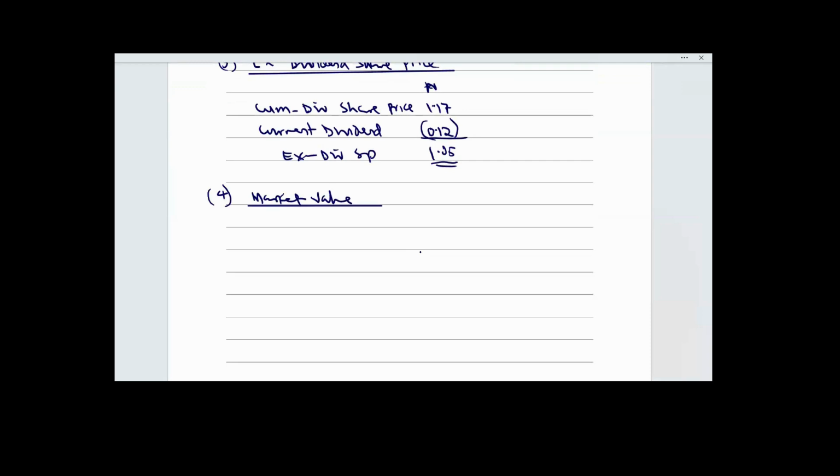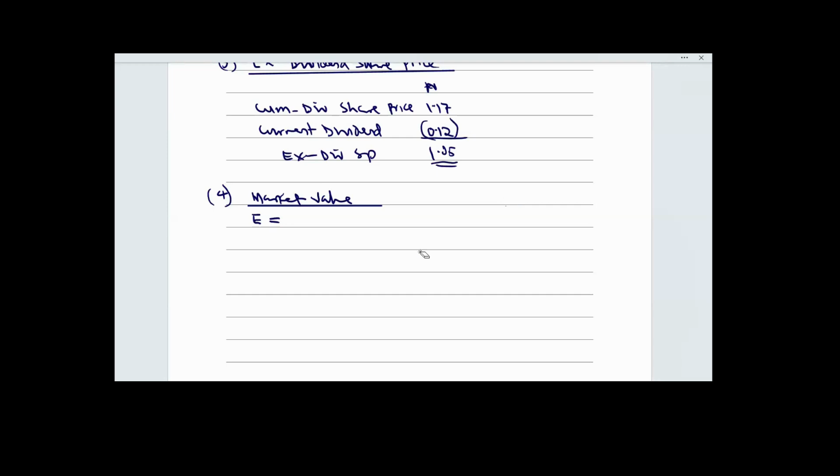Value of equity. Equity value is calculated as number of shares. I gave you 2 different formulas that you can use to calculate market value of equity, depending on the information available. I told you if you are given ordinary shares in the question, then ordinary shares multiplied by ex-div share price will give you market value of equity. But if you are not given ordinary shares, but you must certainly have share capital, therefore, share capital divided by nominal price multiplied by ex-div share price.